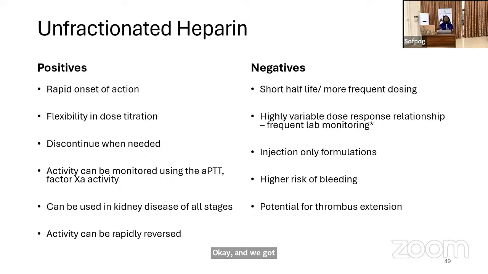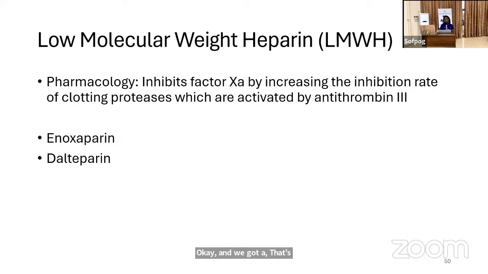It doesn't affect the already formed clot. Similar to low molecular weight heparin, which has less effect on the inhibition of thrombin, it potentiates the effect of antithrombin, and we have enoxaparin and dalteparin, I think, which we are more used to.